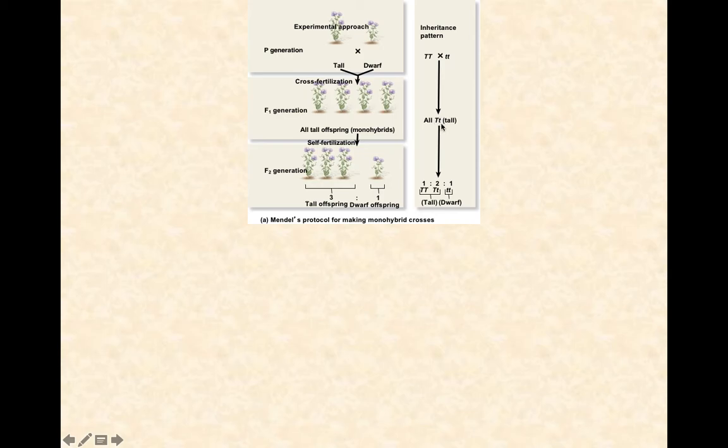Now, another principle that Mendel was able to elucidate here was this idea of dominance and recessiveness. It turned out that with this particular trait, if the dominant allele was present in at least one copy, then the plants were going to have the dominant phenotype. In other words, the big T tall allele was dominant over the little t dwarf allele, and therefore the dwarf allele was never expressed.